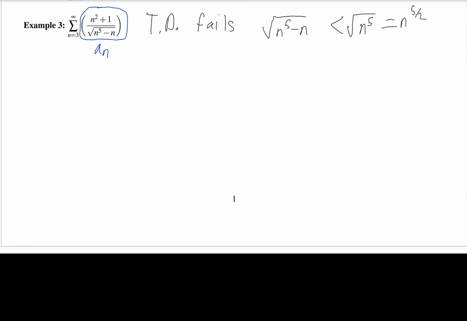So what does this tell me? This tells me that 1 over the square root of n to the 5th minus n is going to be greater than 1 over n to the 5/2. Now I'll multiply by n squared plus 1 on both sides.